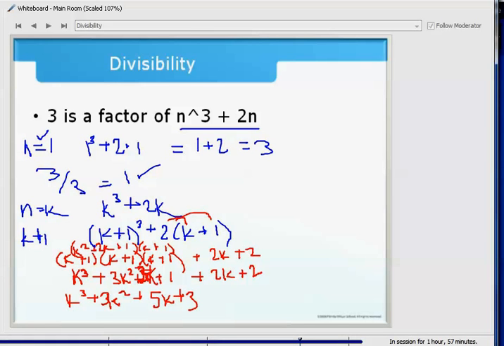Now we haven't shown that it's divisible by 3 yet. What we want to do is get the original term, because we know that that's true, and then break the rest up into a smaller section so that we can show that it's true for both.